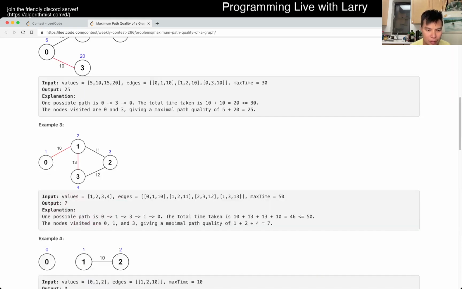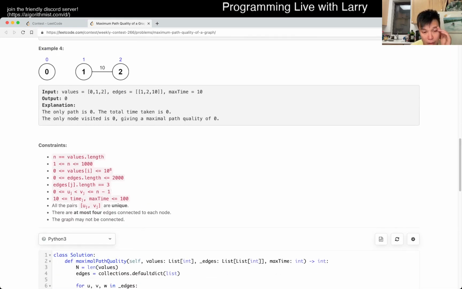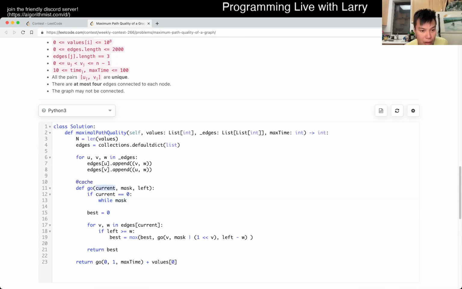This has too many. This is too slow, to be honest. This is like 1,000 each. This is already crazy, even if there's only 10 recursion steps. Maybe 10 recursion steps isn't so bad, I don't know.